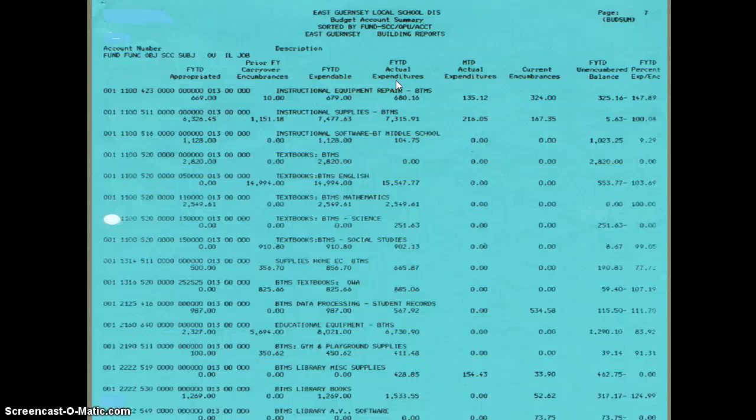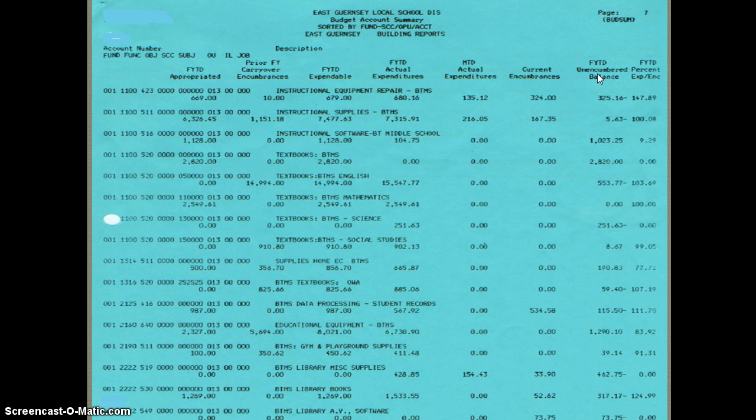The next column represents MTD actual expenditures, or monthly expenditures to date, actual. Next, current encumbrances are those outstanding purchase orders that are reserved for payment when the item is received.